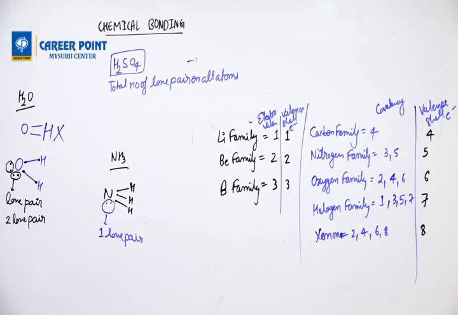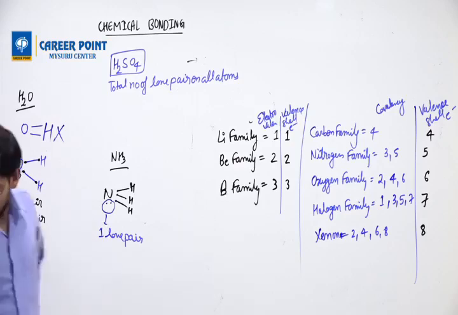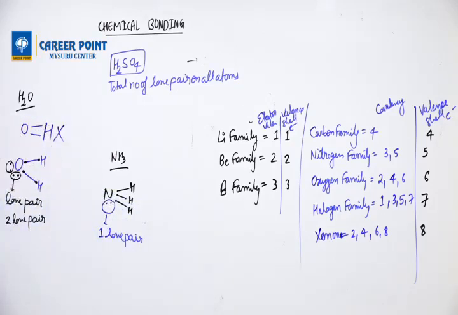What is the logic you have used? So on all oxygen we get totally 8.